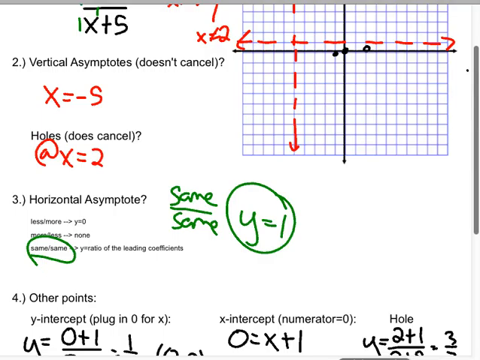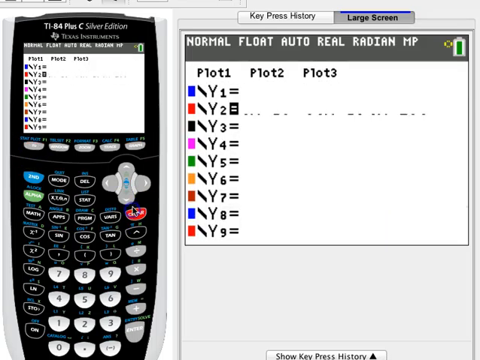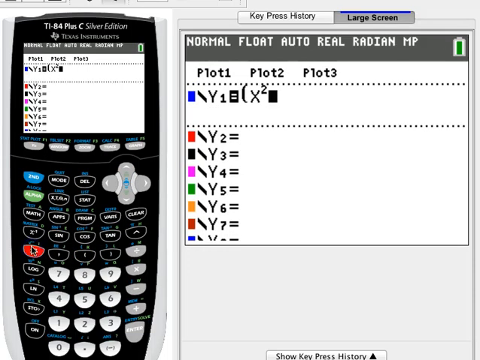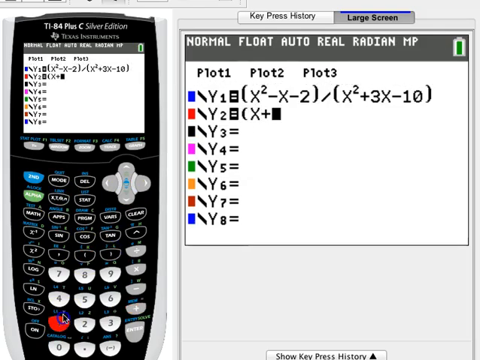Now that I have all of that worked out, now let's plug it in to the calculator. And I want you to see once again that there's no difference in whether you plug in the original, so the x squared minus x minus 2, plus 3x minus 10, or if you plug in the reduced one.